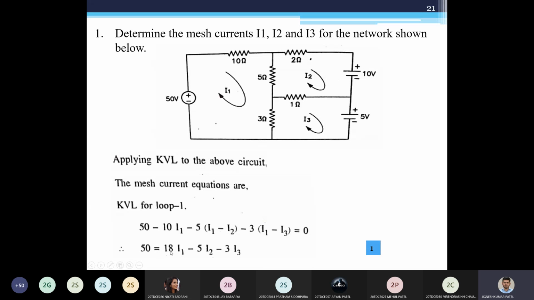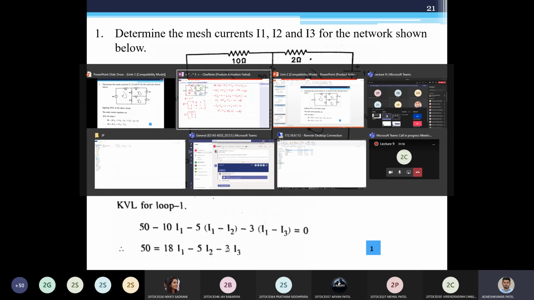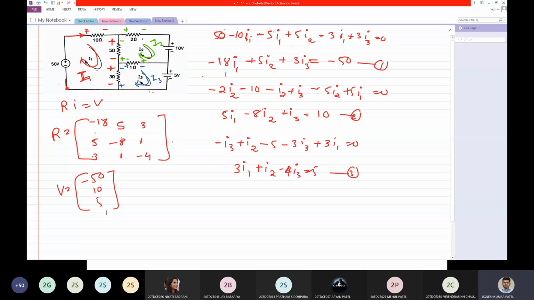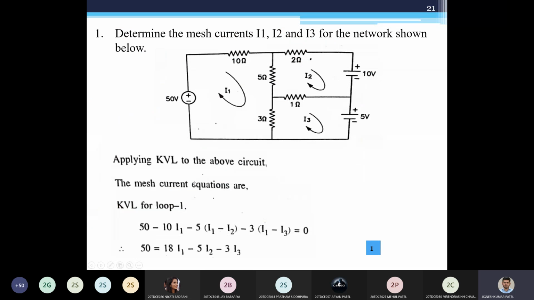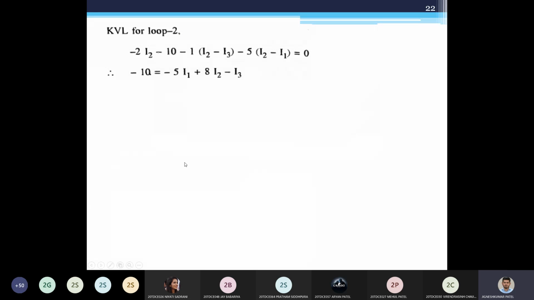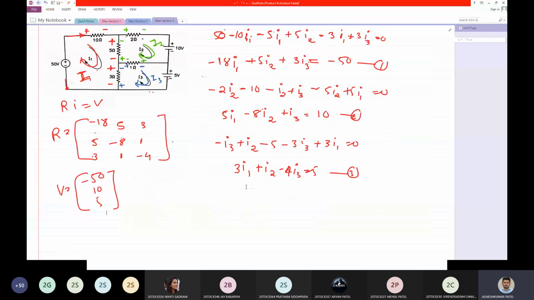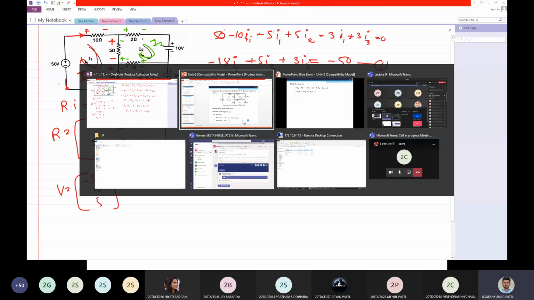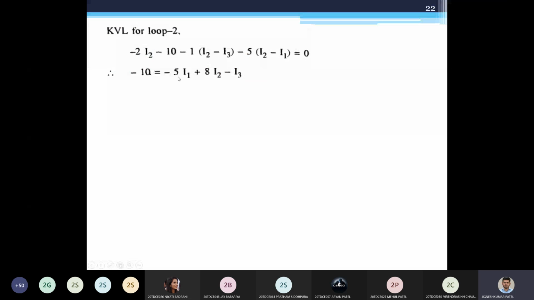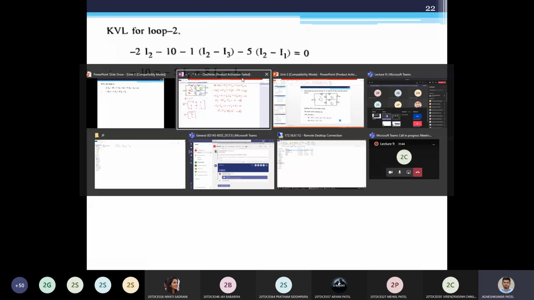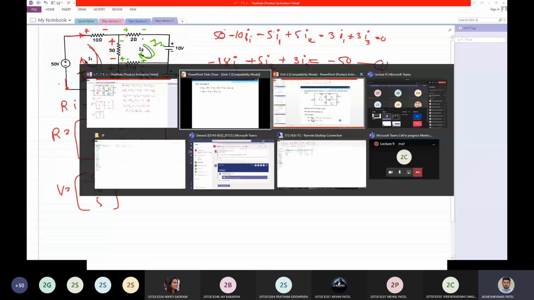See here the equation is 50 equal to 18 I1 minus 5 I2 minus 3 I3, but what we get here is the inverted equation, minus 18 plus 5 plus 3 equal to minus 50, but the solution would be the same at the end of the example. Same way, plus 5 I1 minus 8 I2 plus I3 is equal to 10.